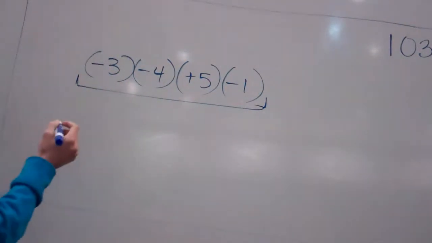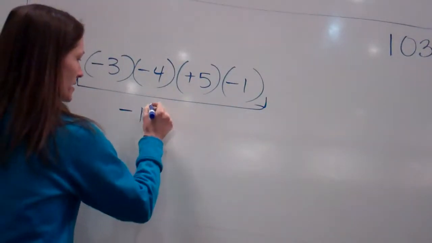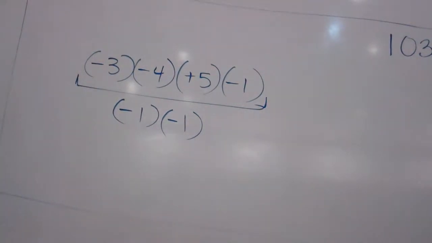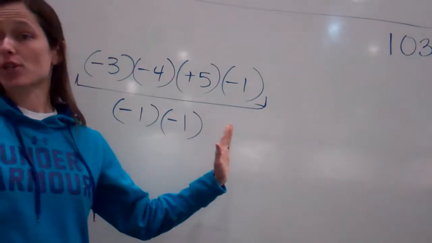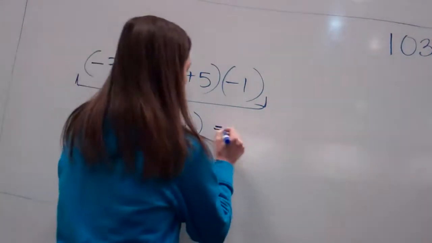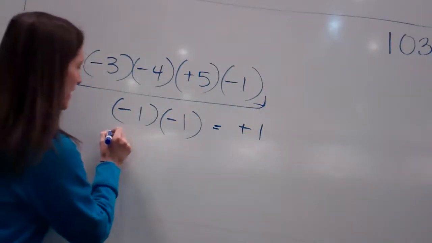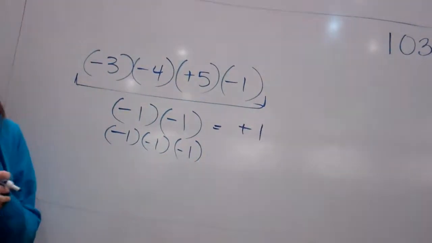So, let's take just negative 1 times negative 1. What have I told you about two that are the same? What's the answer going to be? Positive. So we would get a positive 1 answer, right? Now let's do negative 1 times negative 1 times negative 1.